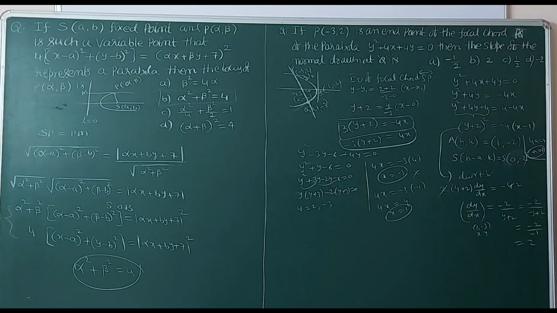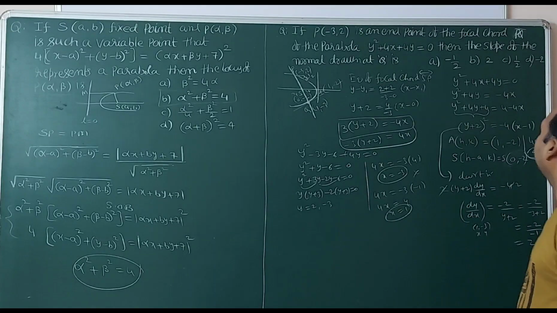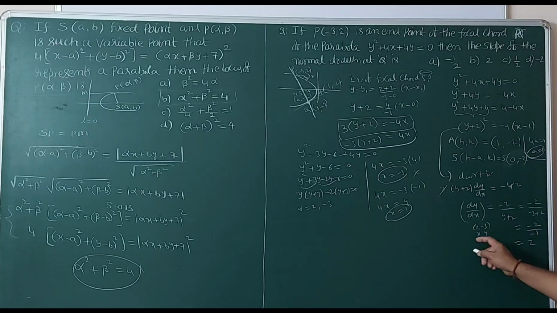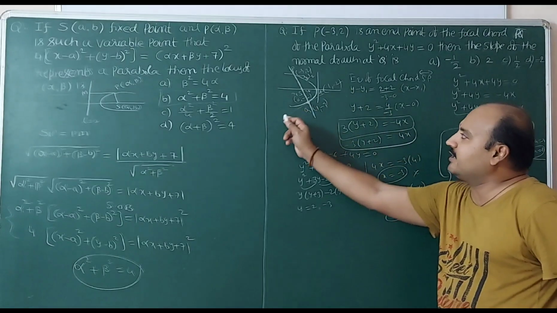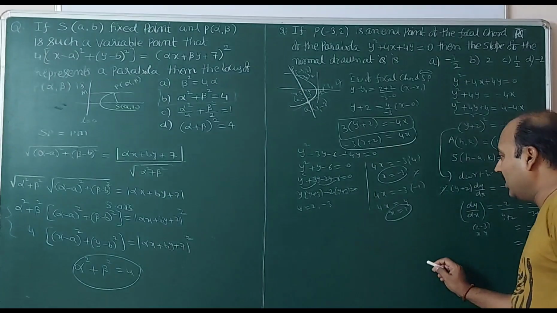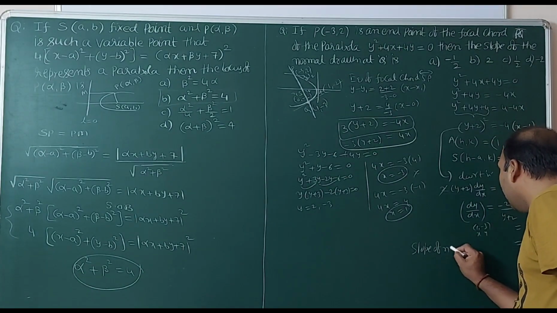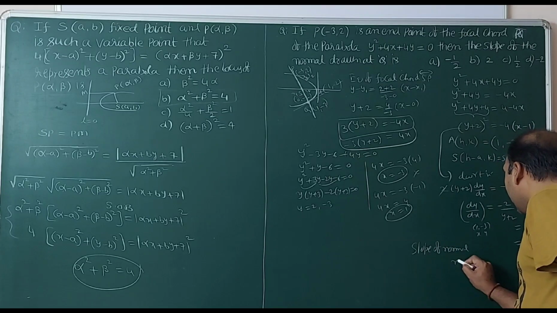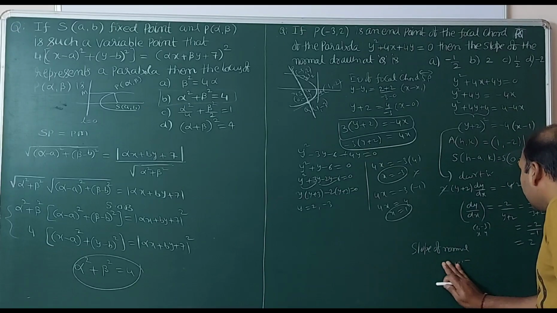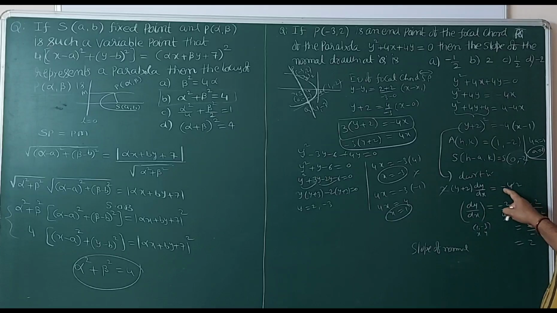So 2. But they are asking here the slope of the normal, no? It is a tangent one. Slope of the normal. M is equal to dy by dx; here minus 4 is there, 2 2's are.